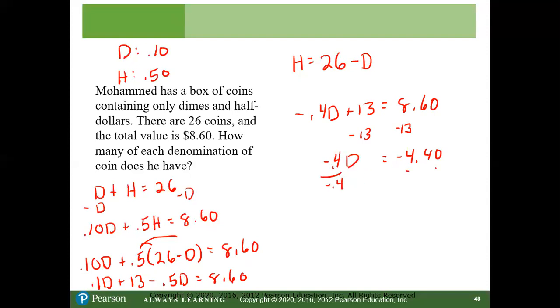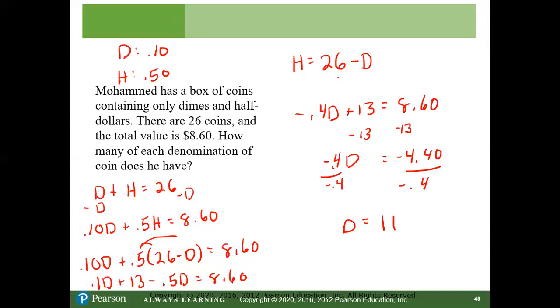Divide by negative 0.4, and that will give you a positive value because a negative over a negative is positive. And when you divide by 0.4, you get 11. Okay, so you have 11 dimes in this box.